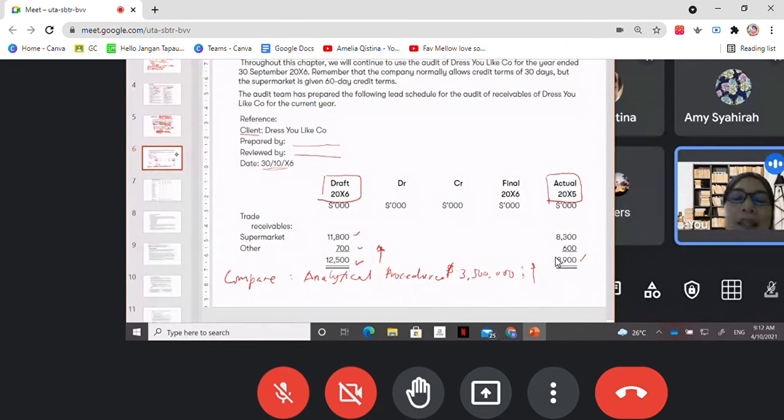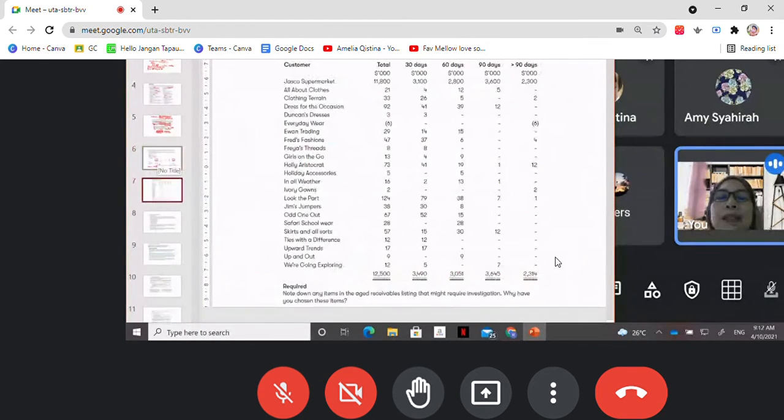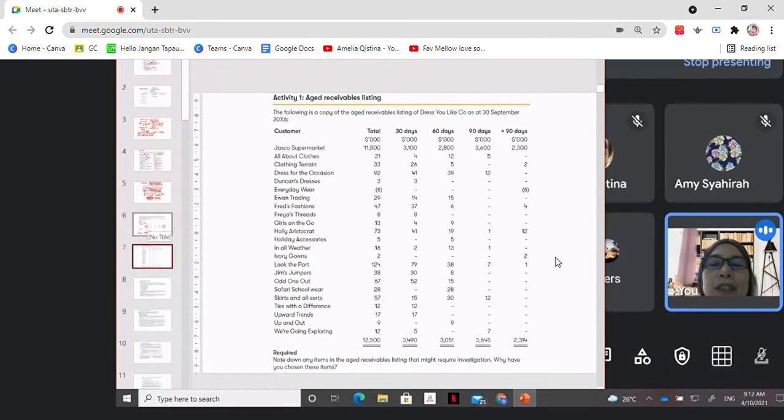This is what you have in the aged receivable listing or age schedule. This is the total of trade receivable just now, the 12,500. So this is the listing of the trade receivable.